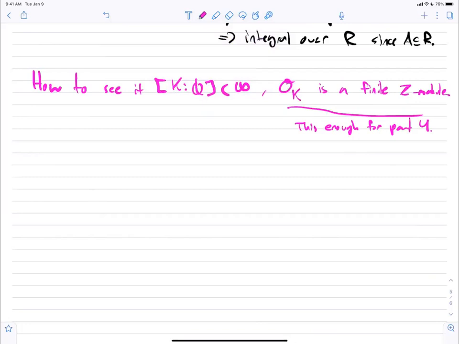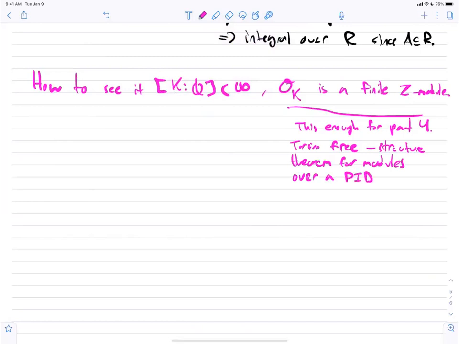So we know it's torsion free, and so then it's finitely generated. And so by the structure theorem for modules over a PID, and Z-modules are just abelian groups, so even just for abelian groups, that will say it's free.